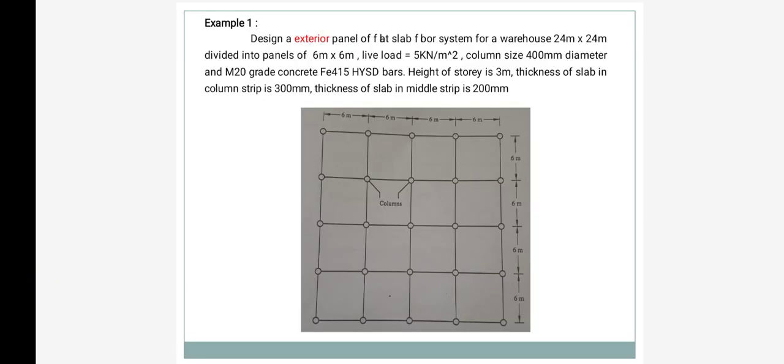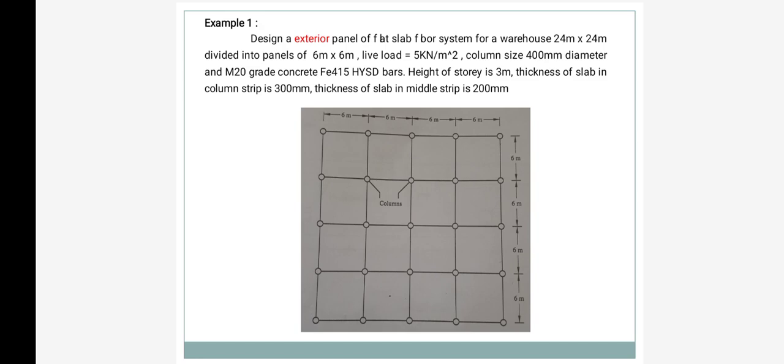So, the flat slab problem: design an exterior panel of a flat slab system for a warehouse 24 meter by 24 meter, divided into panels of 6 meter by 6 meter. Live load is 5 kilonewton per meter square.